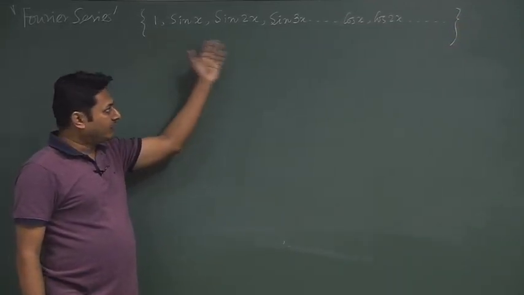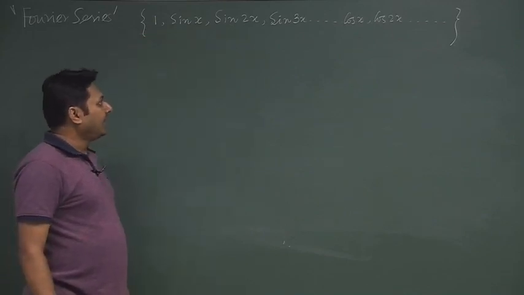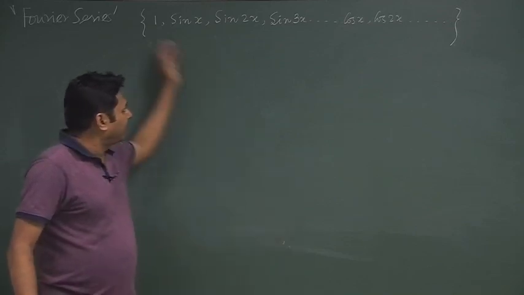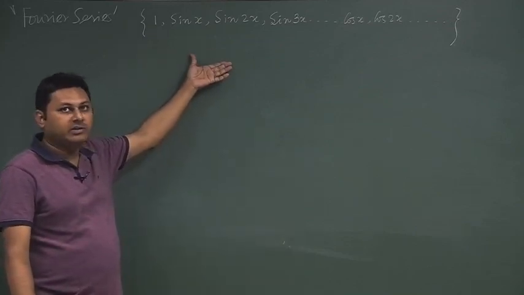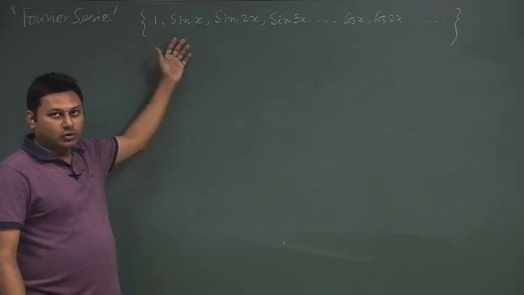This is an infinite set of functions, and in some previous class we already showed that these functions are linearly independent of each other, that is point 1, and also they are orthogonal to each other.